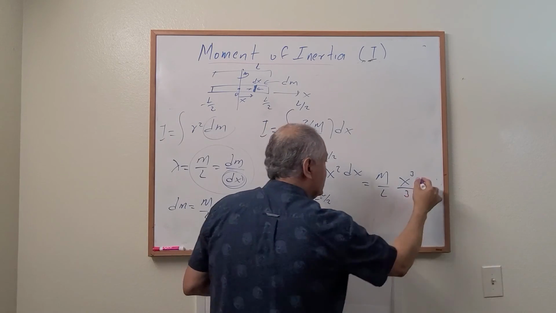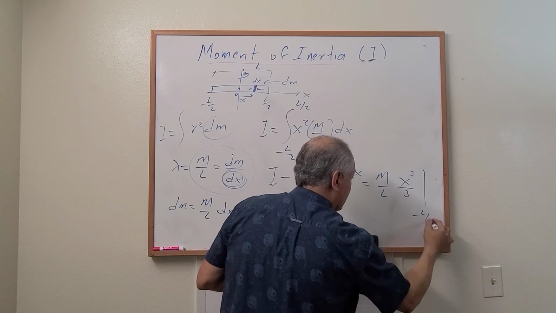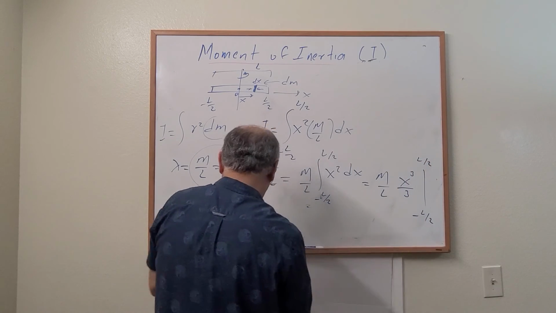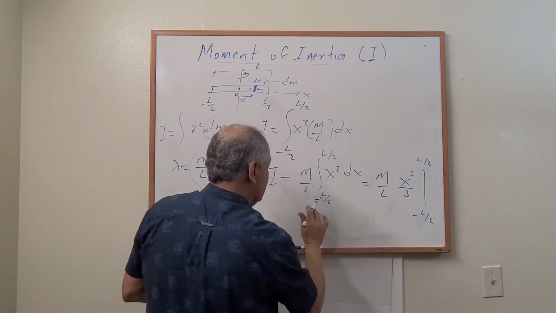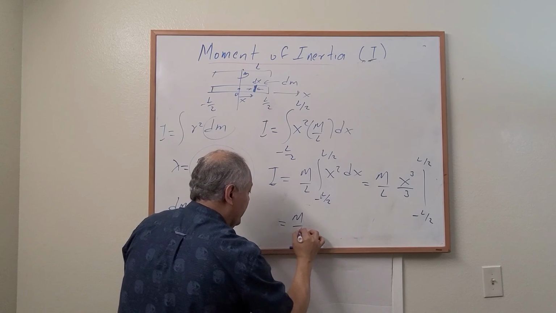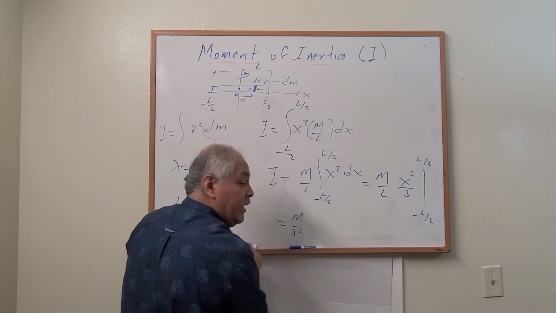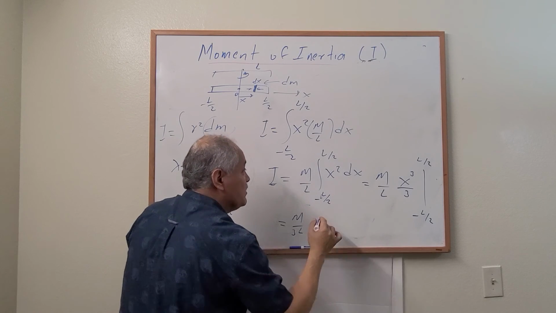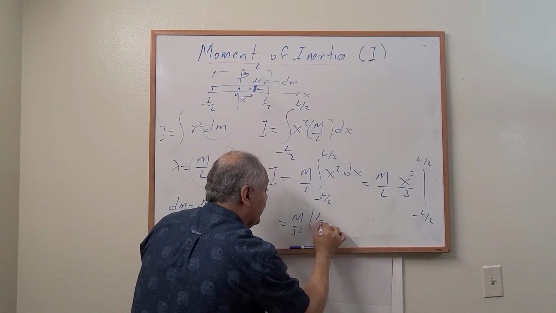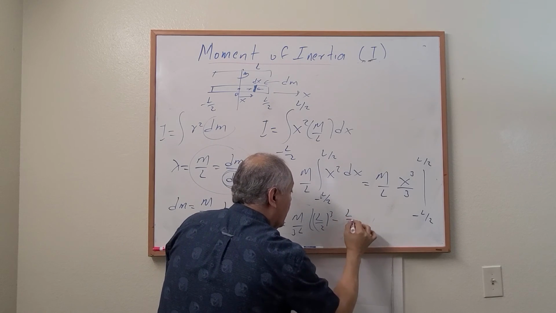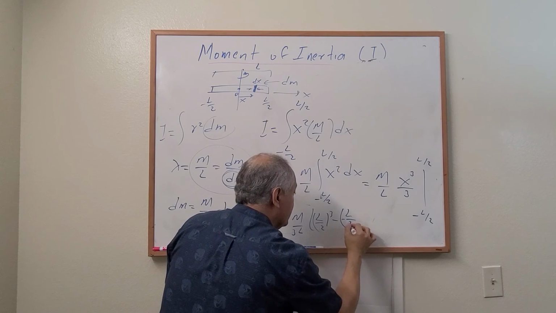Perfect. From where to where? From negative L divided by 2 to L divided by 2. Right? Perfect. And this is equal to m over 3L times L over 2 cubed minus negative L over 2 cubed.